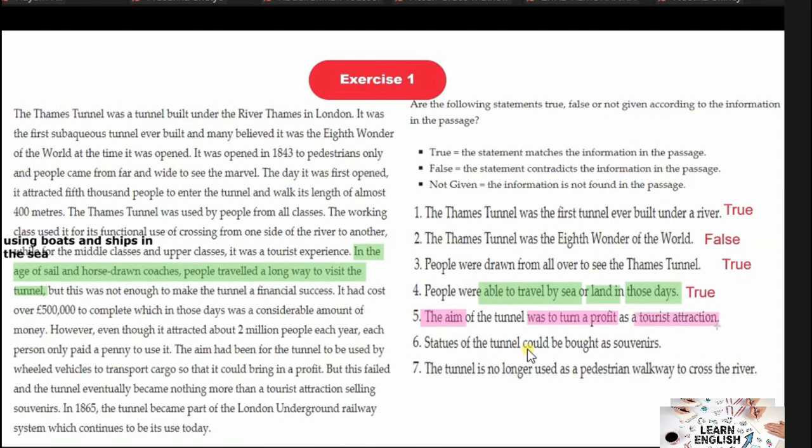As a tourist attraction, you know, the monuments, I mean attractive places. So the main goal behind the tunnel was that it is going to be visited by people as a tourist attraction, and these people are going to pay some fees. In this case, it might collect money or raise money, gain money, right?